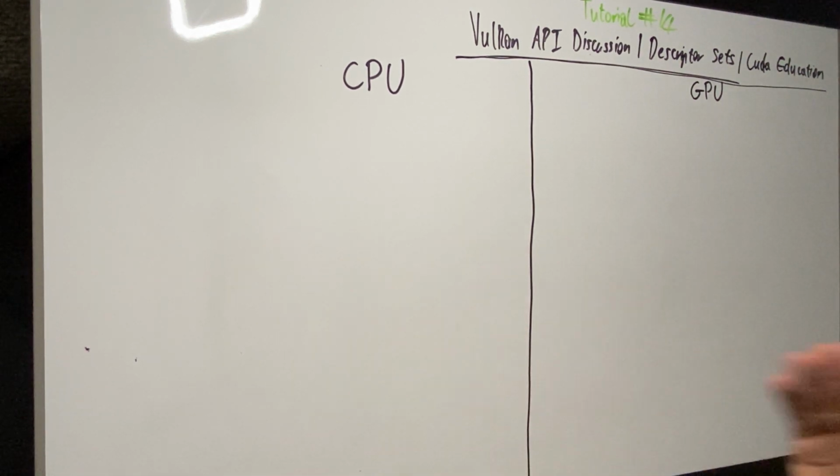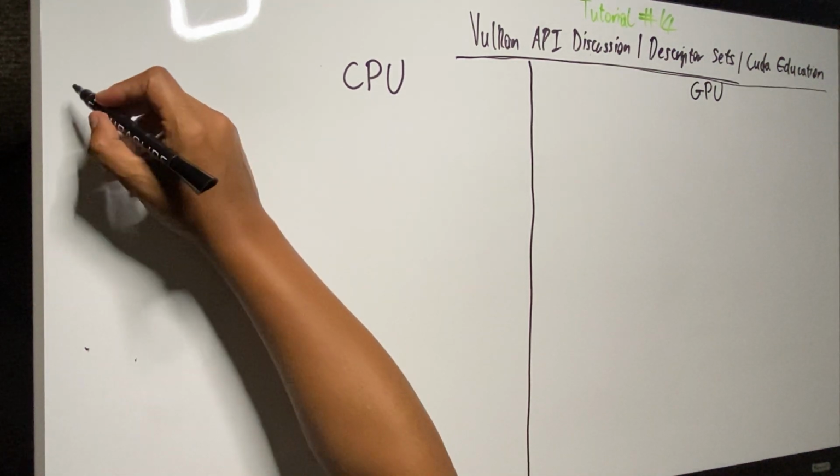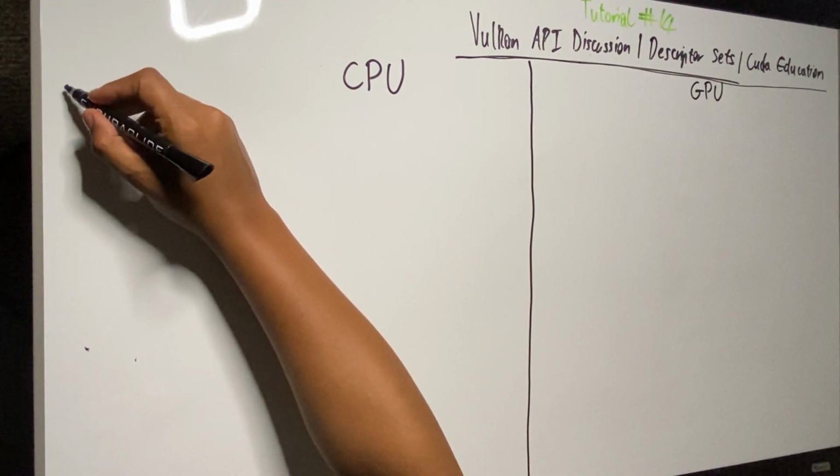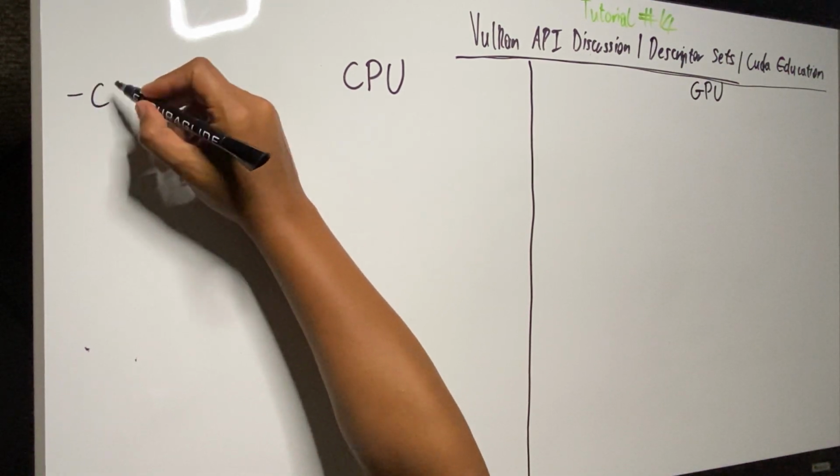So we have our CPU and we have our GPU. Now, as you guys should know by now, the CPU is where most of us live. When we use our computer, when we're using Visual Studio, when we're typing code, we're basically doing it on the CPU side of the equation.